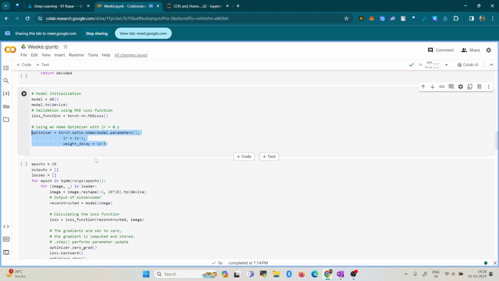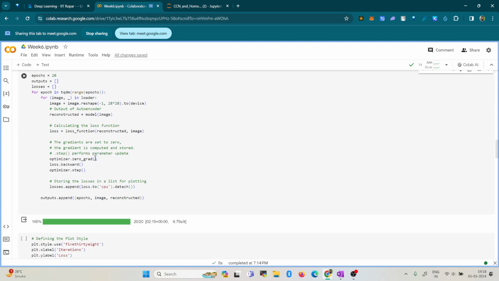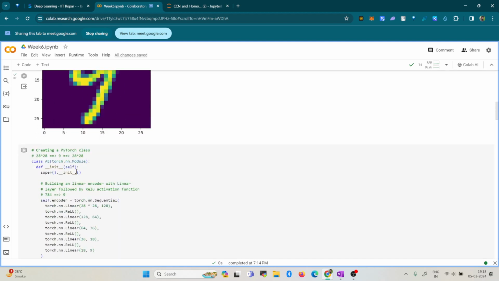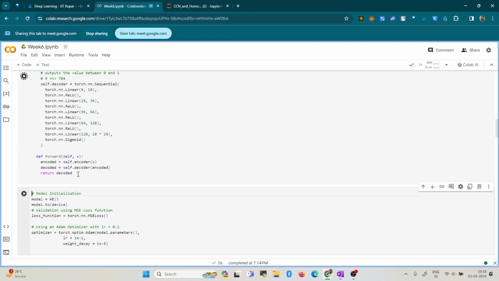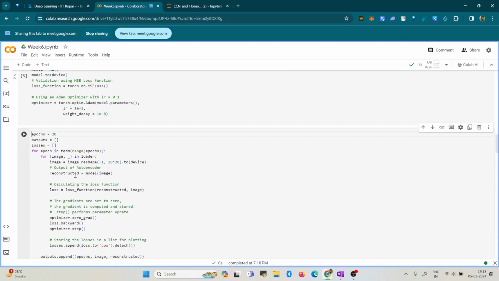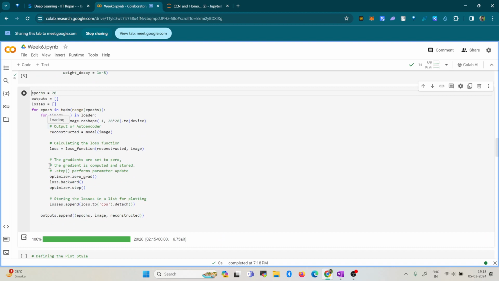We have defined the loss function and optimizer. Here is where your training would go. So I'll run this code also. And here is where your training starts. Backprop is backpropagation.